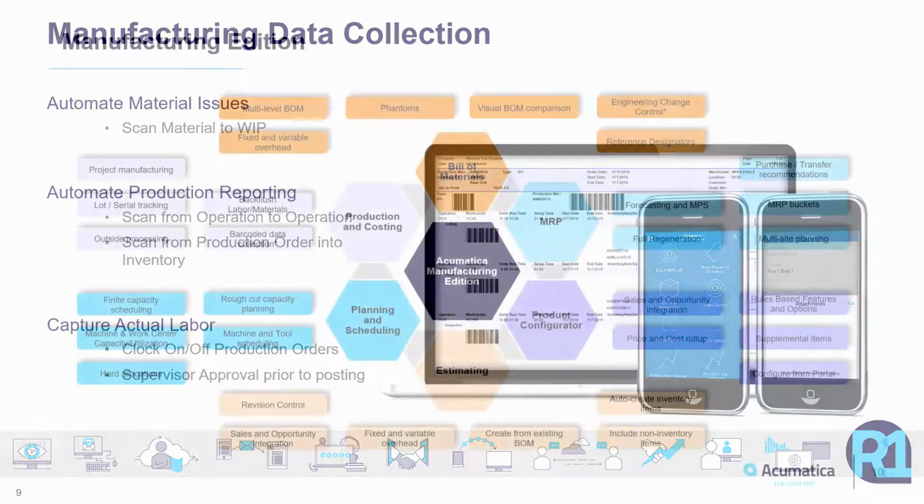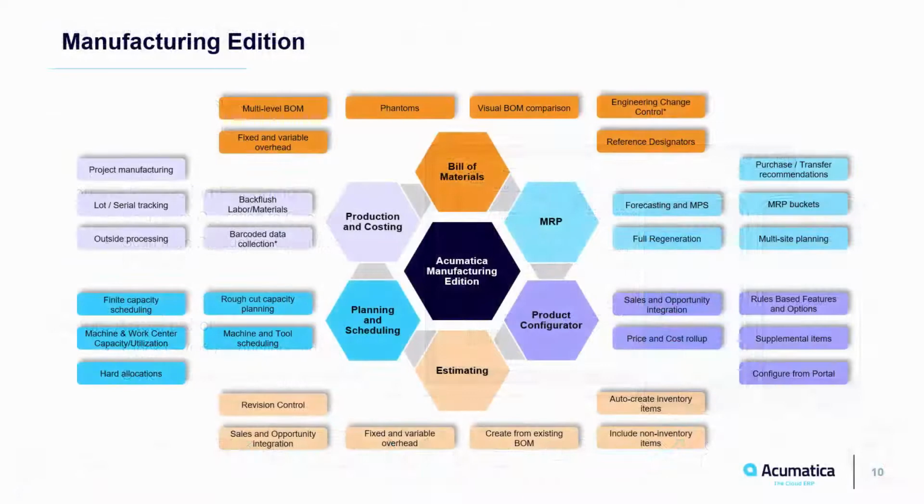Acumatica Manufacturing Edition is comprised of 3 key modules: Bill of Materials, MRP, and Production Management. Beyond those core modules, there are also some optional modules that you may elect to add on. The estimating module is typically used for manufacturers that are engineering to a specific order, where companies design and manufacture a product based on very specific customer requirements.